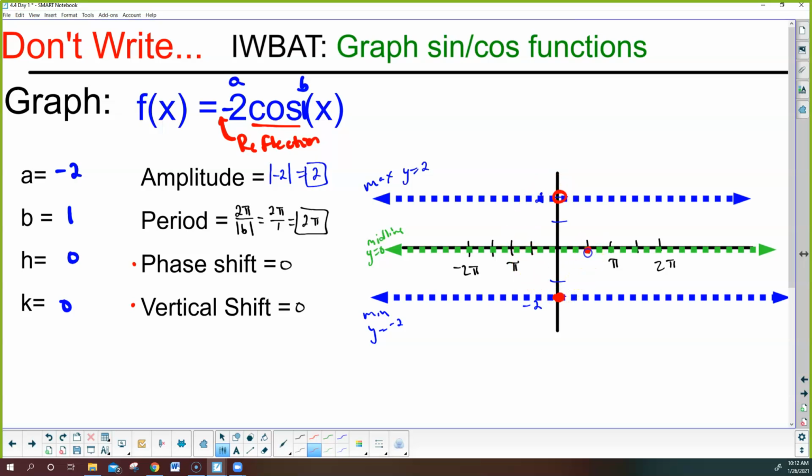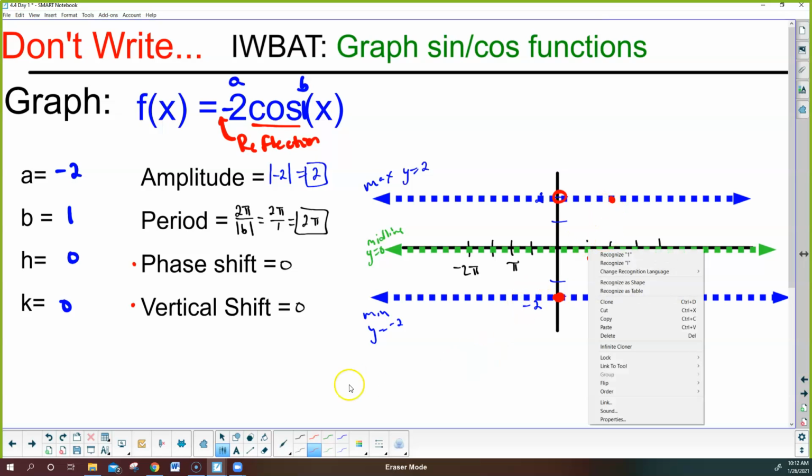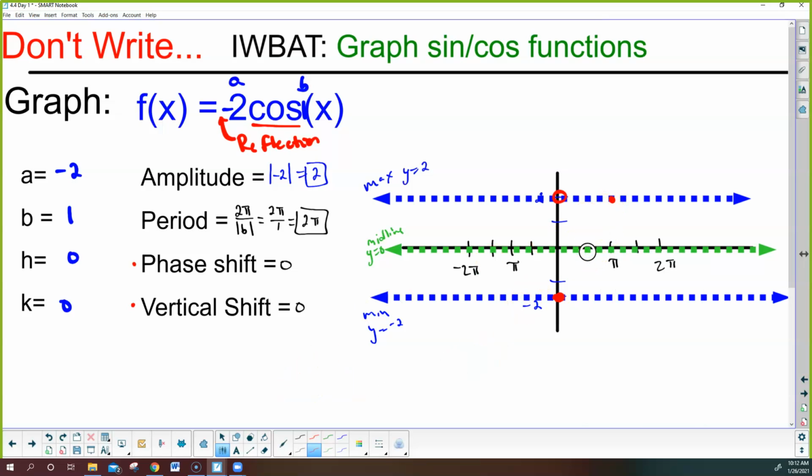And then the next tick mark is always the midline, and then it's that same pattern. We're going to go minimum, midline, there. So minimum, midline, maximum, back to the midline, and then at 2 pi, I'm back to where I started. So this would be the first graph, the first period of -2 cosine.